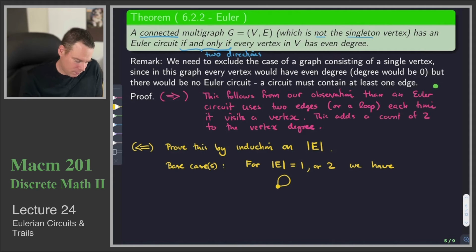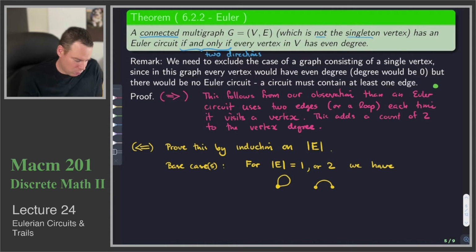Well, if it had two vertices and one edge connecting them, then it wouldn't satisfy the hypothesis. The hypothesis says every vertex has to have even degree. In this example, the two vertices have odd degree. So in the case of having only one edge, we need it to contribute to the degree of a vertex as an even number, so it just has to be a loop.